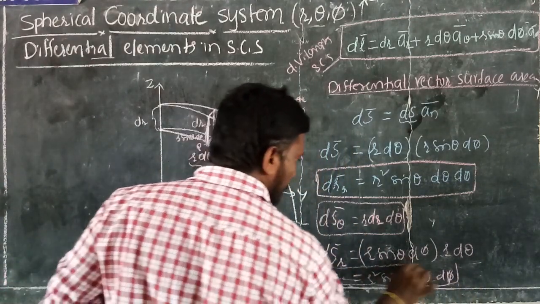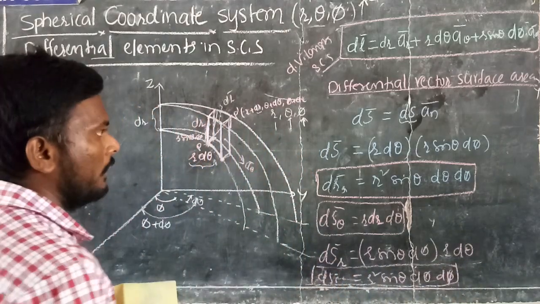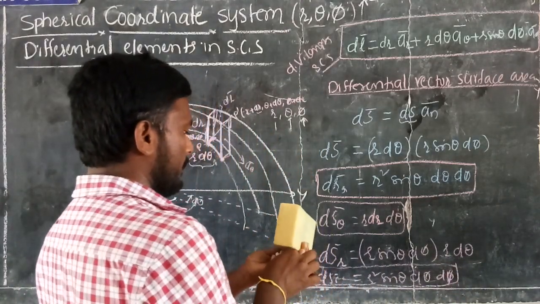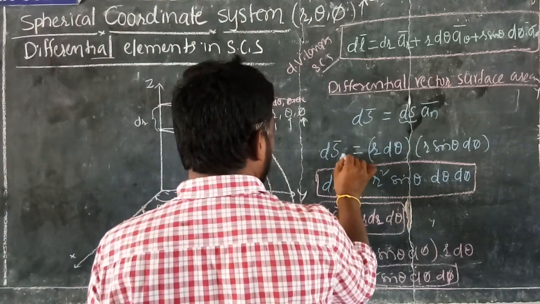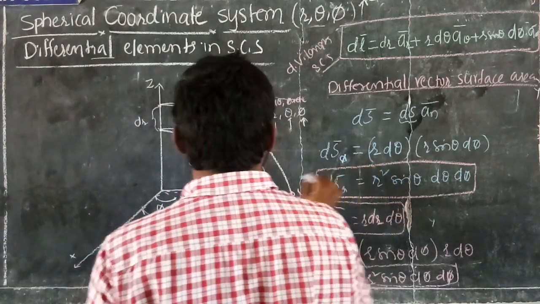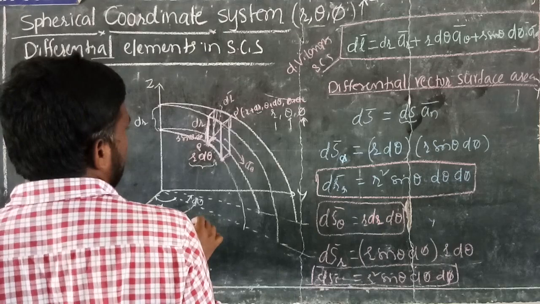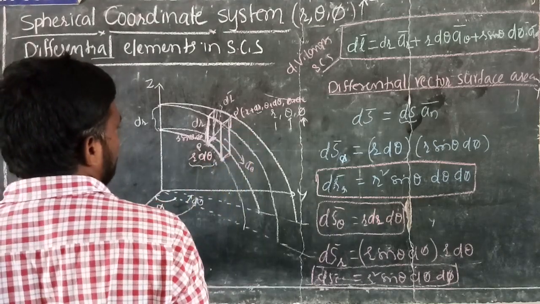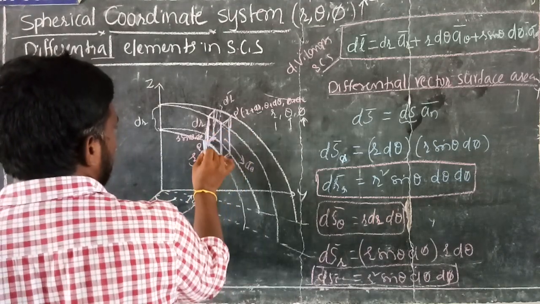This is a small correction here. This ds_theta bar is in this direction. Which surface? This surface.